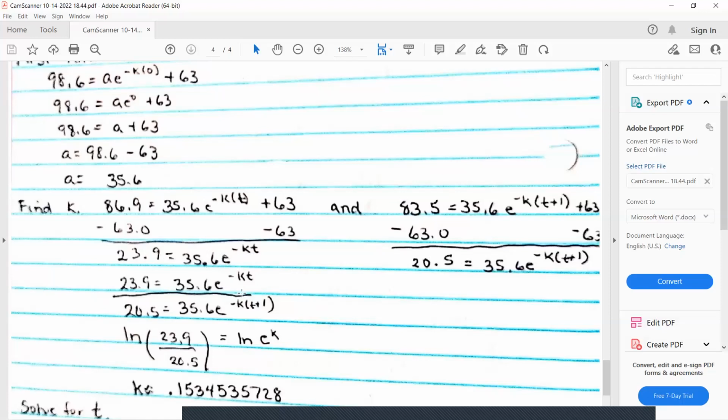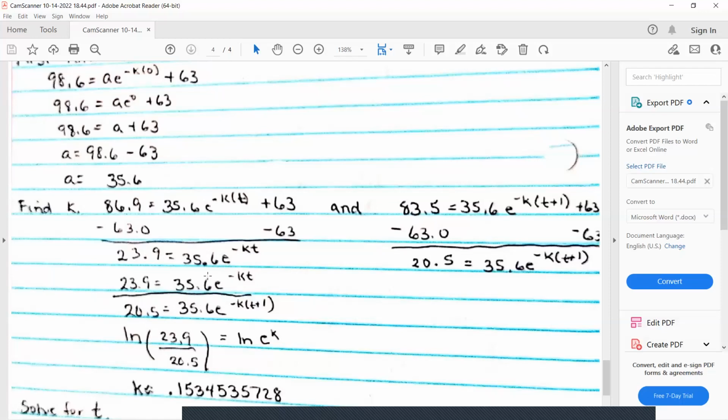So I'm going to divide the two equations by each other. And I'm going to use an ln to get rid of the e's. So ln 23.9 over 20 and a half.